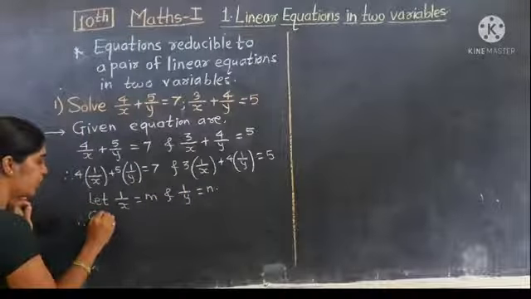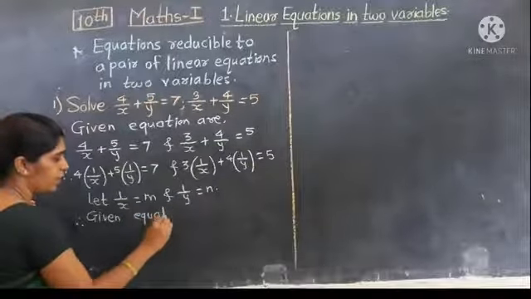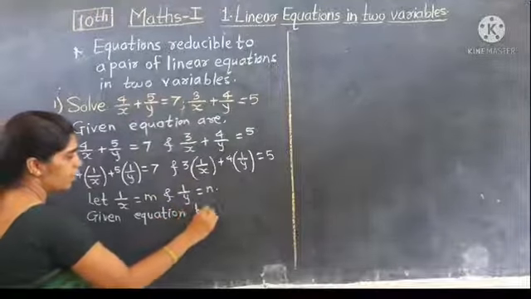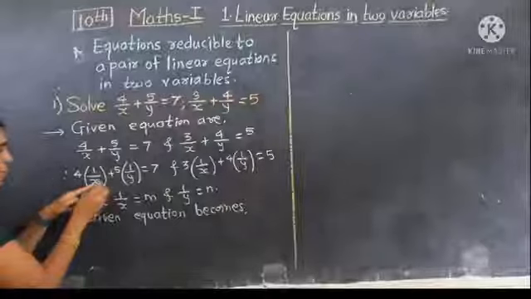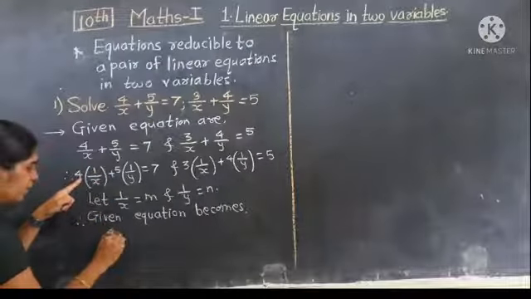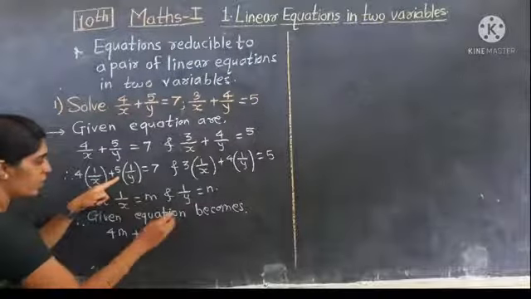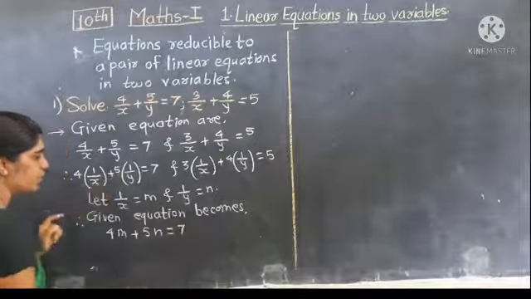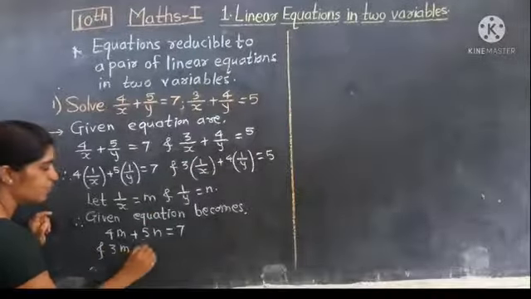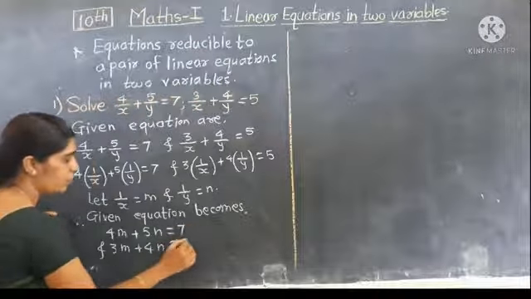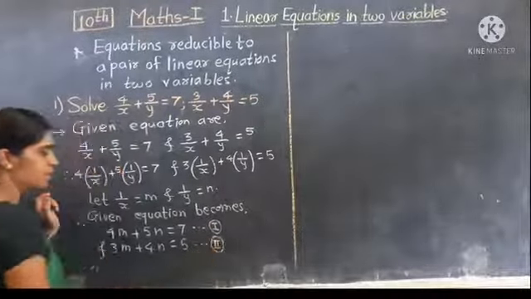Therefore the given equations become, if I put 1 upon x is equal to m, then 4 into m plus 5 into 1 upon y, meaning n, is equal to 7, and we get the second equation as 3m plus 4n is equal to 5. You call this equation 1 and this the second.